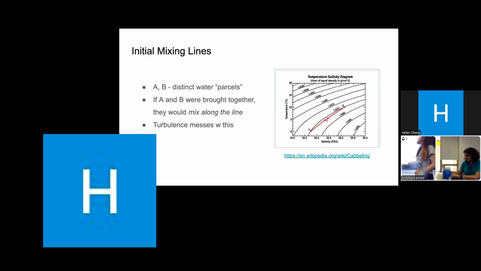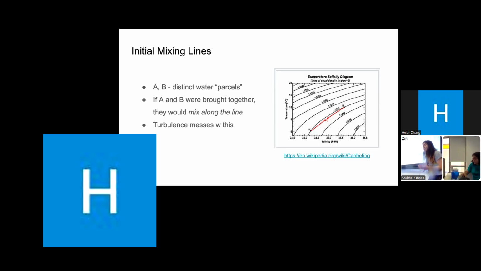All right, so again, what Drew already kind of introduced for us. A game you can play with these kinds of space diagrams is you can say, if I have two distinct water parcels, which each occupy one place on the line, here the two have the exact same density, so they are very happy to come together and mix in the same place.